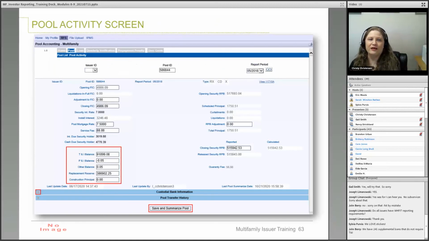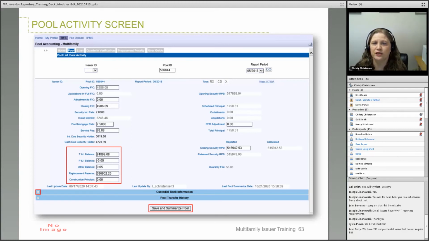Okay. The large red box on the pool activity screen shows where all of the bank account balances are reported at the pool level. These balances can be reported on the RFS file or entered manually online. The Save and Sum Pool button at the bottom of the screen in the red box needs to be clicked when any information on this screen is updated or if any loan level fields are updated, as certain loan level information is moved to the pool screen behind the scenes.